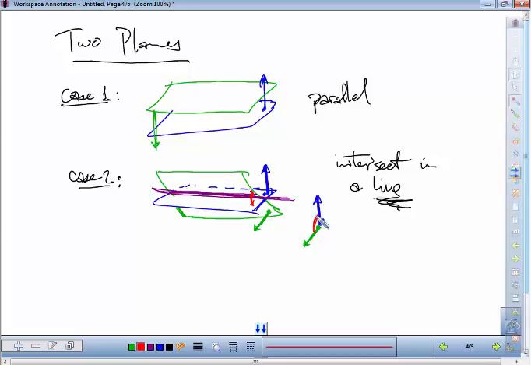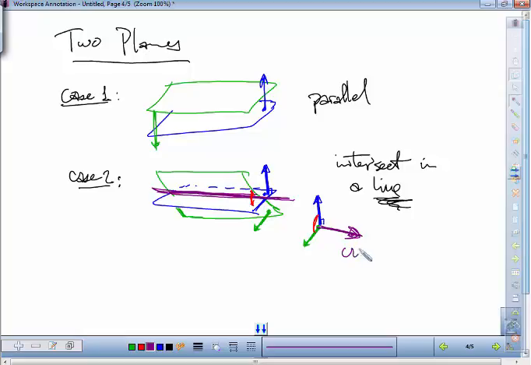But there's another use for these normal vectors. If you take the cross product, remember that the cross product gives you a vector that's perpendicular to both of those vectors. So you're going to find the direction of the line of intersection.